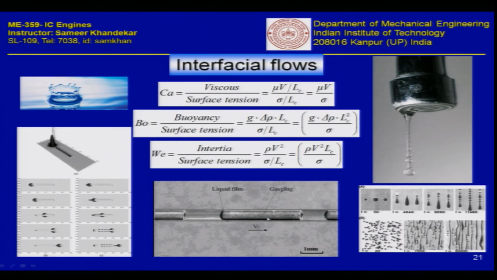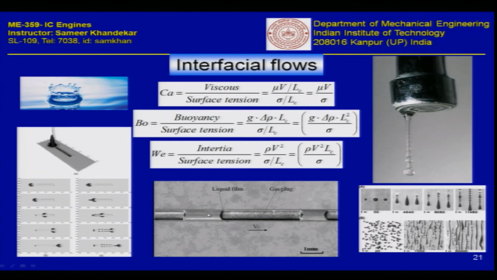You can also have examples wherein you have seen a liquid plug and a gas bubble going inside a typical capillary tube. For example, when you drink Coca-Cola, you will have interfacial flow like that. There is a liquid phase, there is a gas phase, and there are distinct menisci or interfaces which are formed, and of course there is a relative motion between the gas velocity and the liquid velocity.